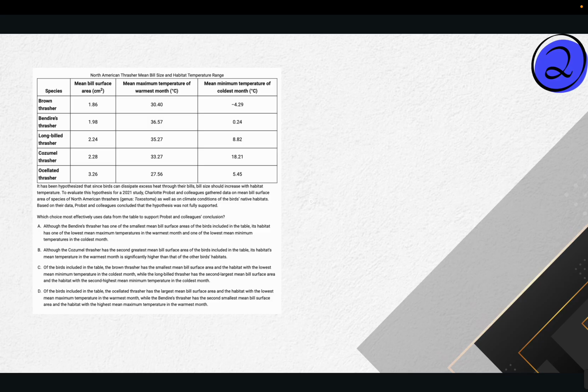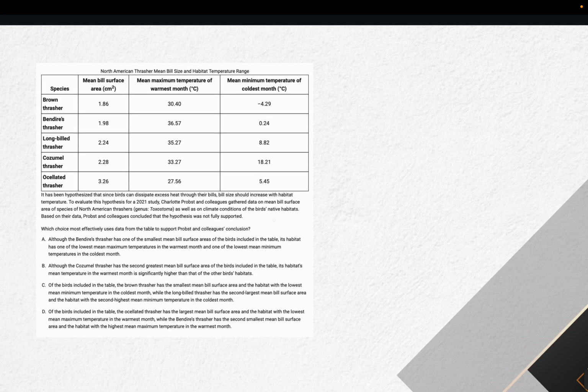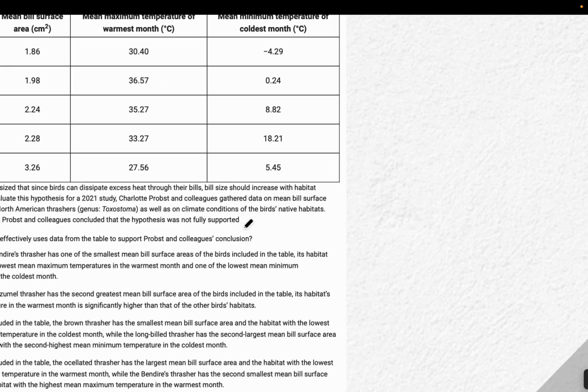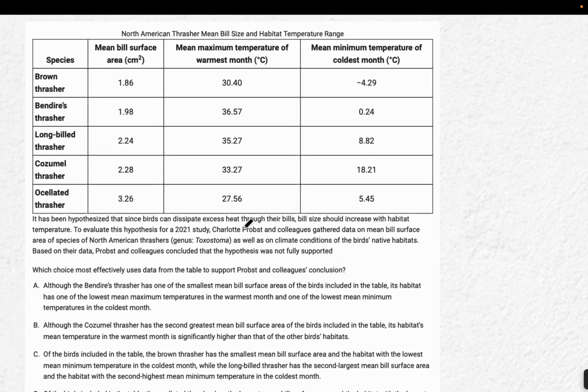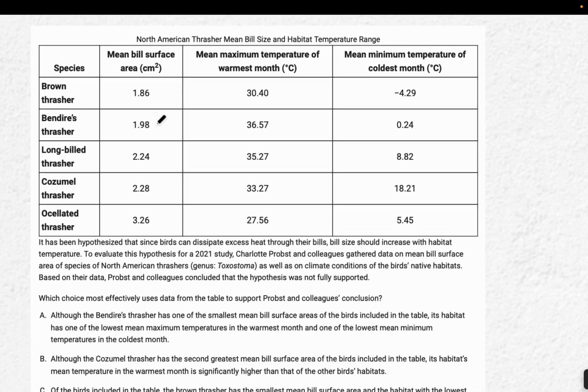Okay, guys, the timer ended, so let's go back to the question. Just as I said before, guys, for this type of tables, try to make the comparison between the numbers.